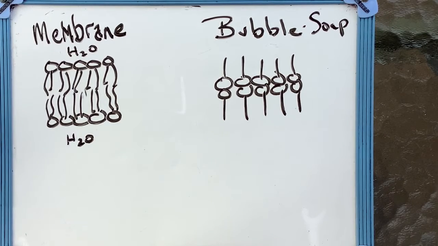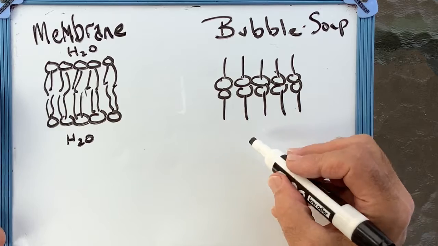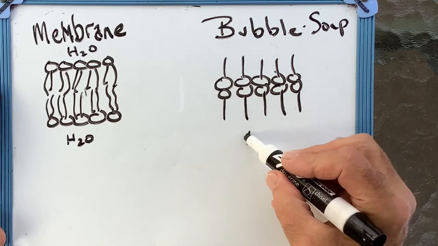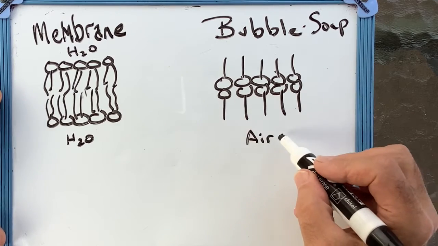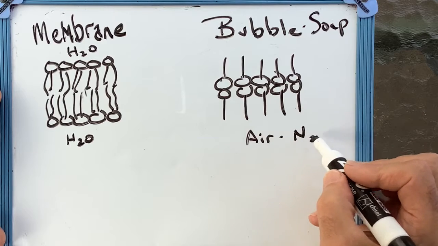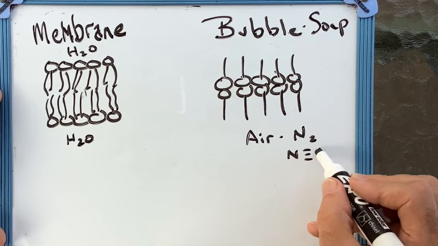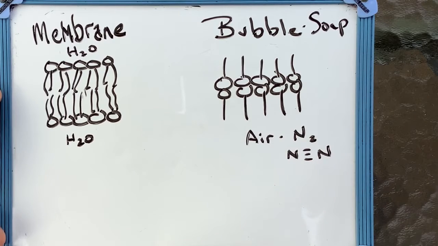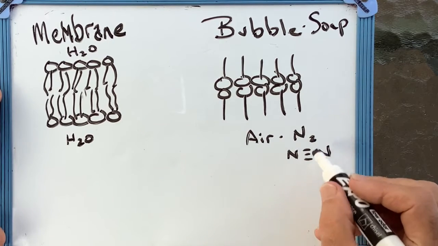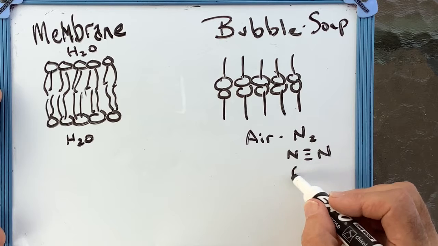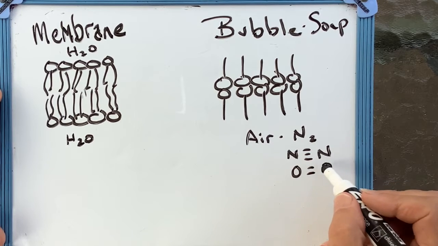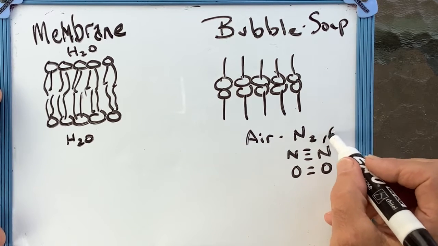In soap bubbles, it's just the opposite because the bubbles are in air, and air is chiefly nitrogen, N2, which is N triple bond N, which of course is nonpolar. That's about 79%, and about 20% oxygen, which is oxygen double bond to oxygen, so O2.